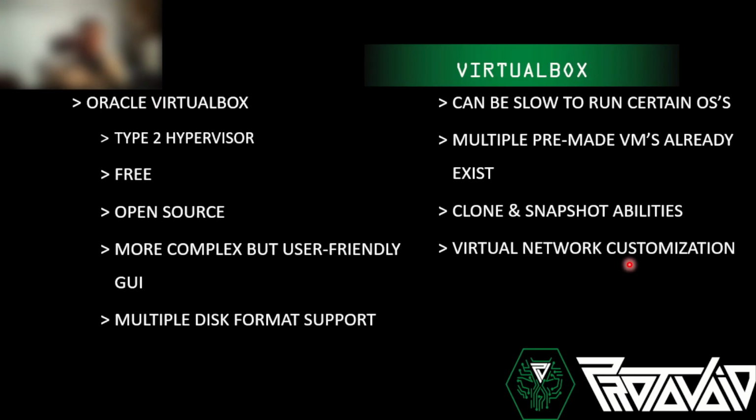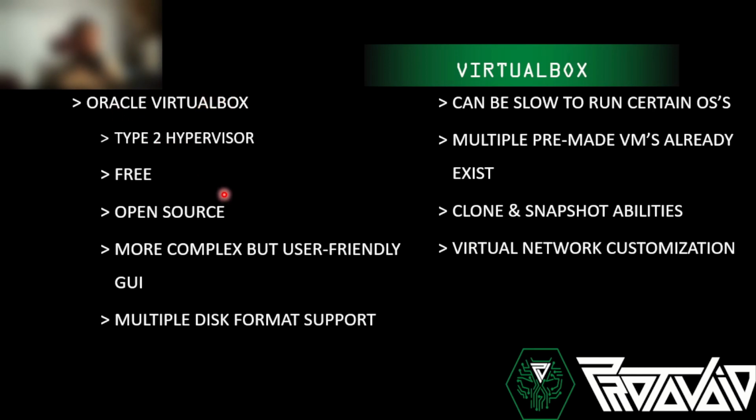So we have a couple different ways to run virtual machines, and they're going to be programs that we use. The first one I'm going to talk about today is VirtualBox. It's by Oracle, same people that do Java. It is a Type 2 hypervisor.